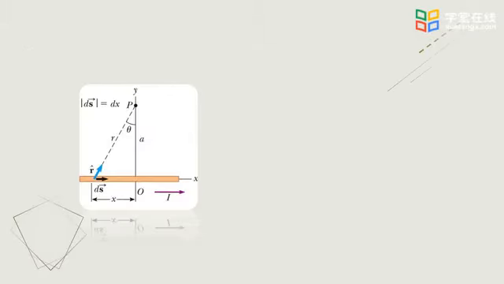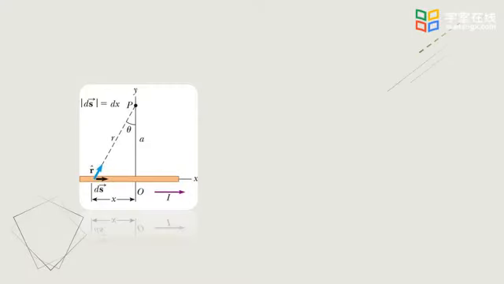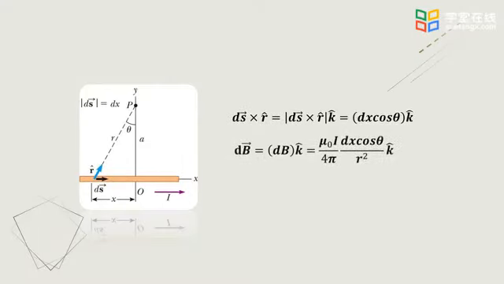Please see this triangle. We find the cross product of ds and r-hat. ds cross r-hat equals dx cosine theta k-hat. k-hat is a unit vector which is out of the page. By using the Biot-Savart law, we write this expression for dB by replacing the cross product.